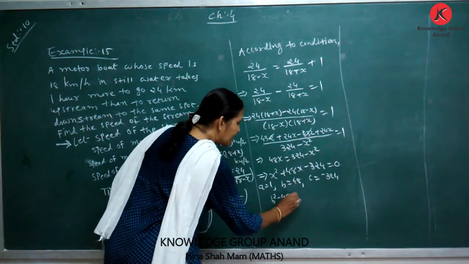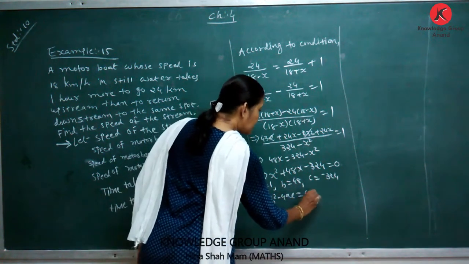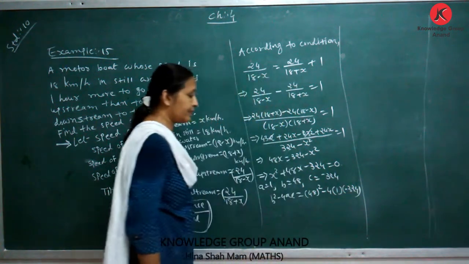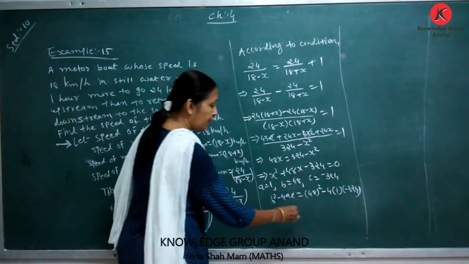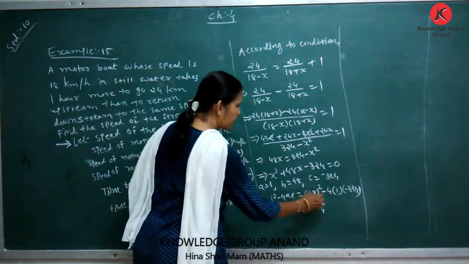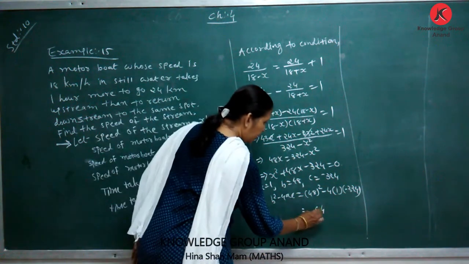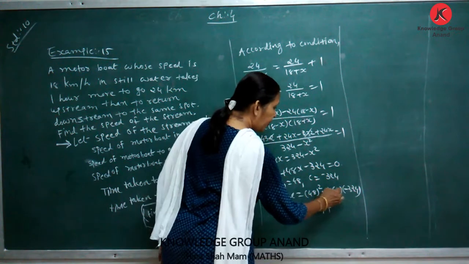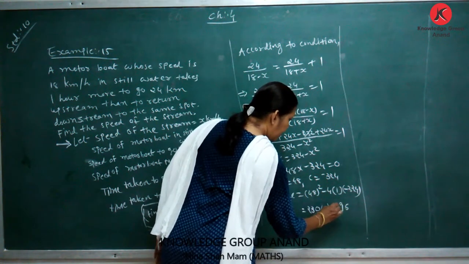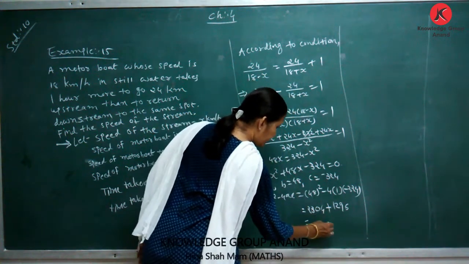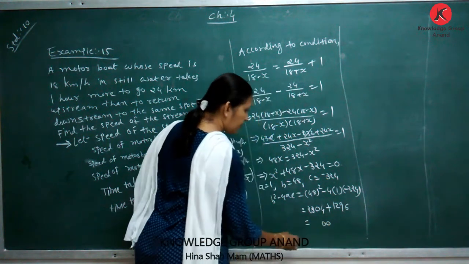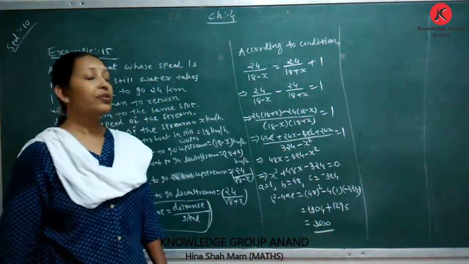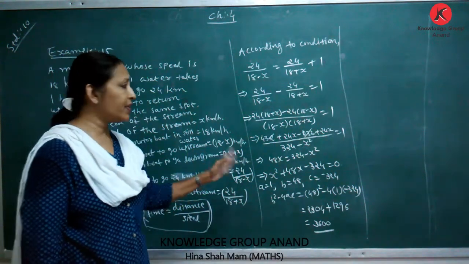Discriminant b square minus 4ac is equal to 48 square minus 4 into 1 into minus 324, which is 2304 plus 1296, equal to 3600. 3600 is greater than 0, therefore it is possible.